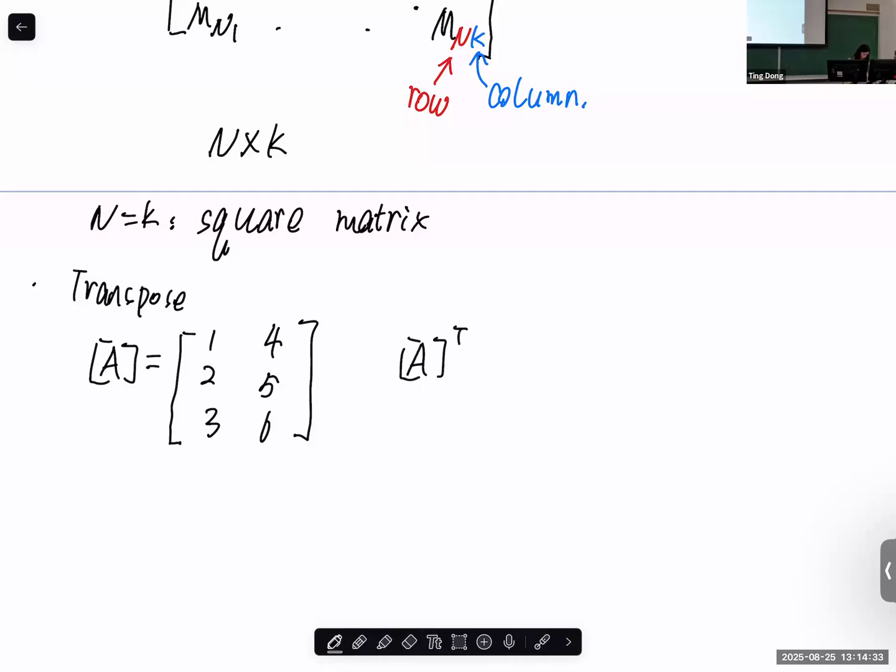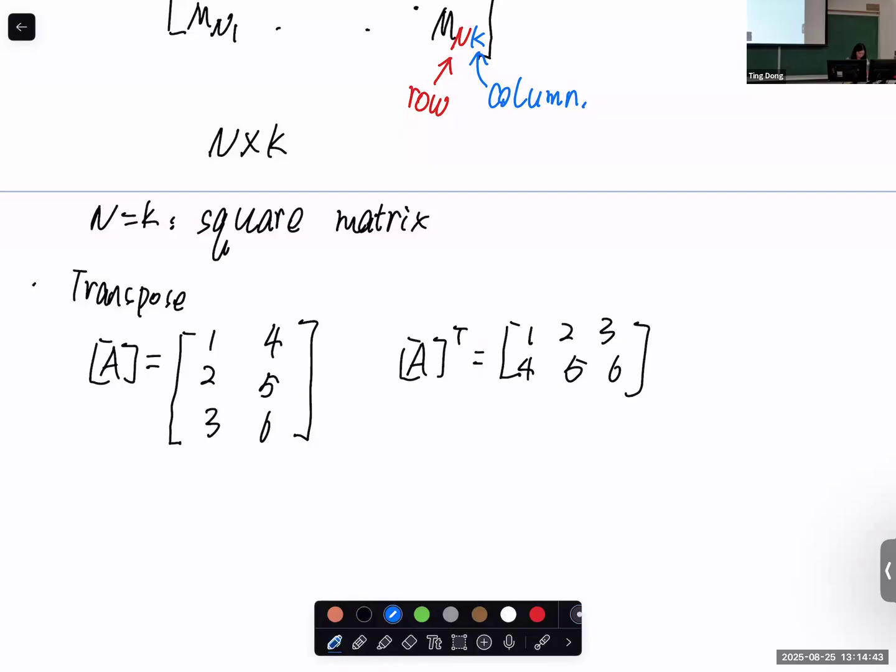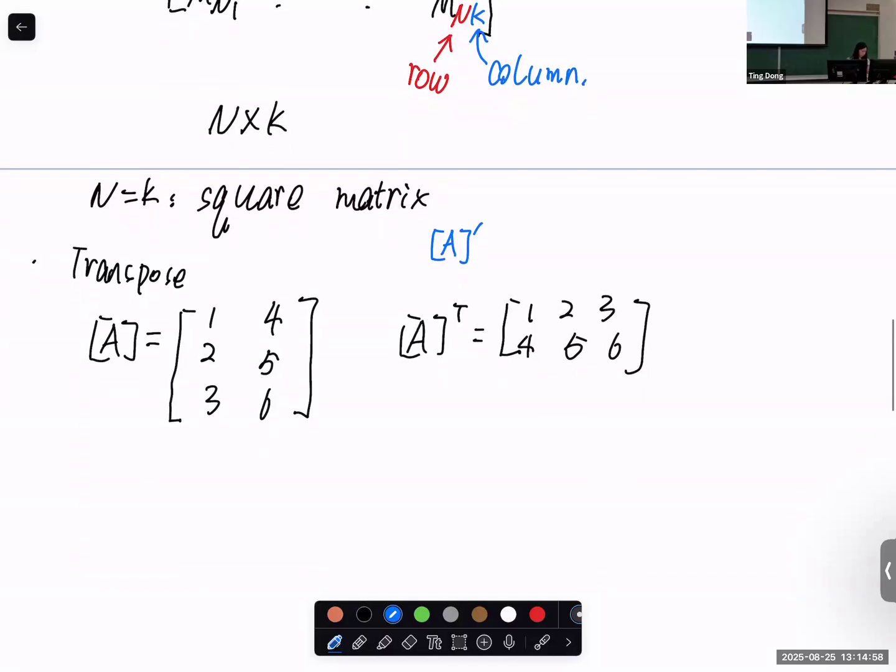We just switch the rows and columns. It becomes 1, 2, 3. Now this is how we do transpose. And of course, when the matrix dimension gets bigger, you do not need to do all the calculation by yourself. You can use MATLAB. It will automatically do the transpose for you.